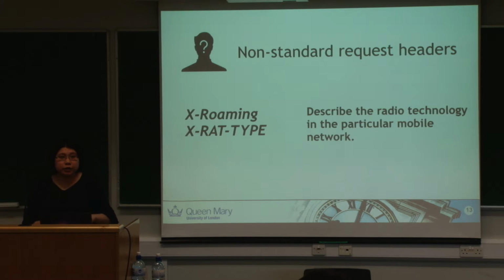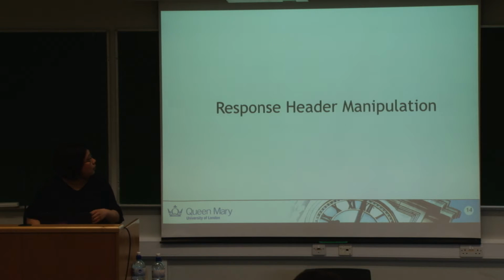So from the injected request headers, we see lots of headers related to different kinds of network functions, and the headers are injected from nearly 100 different countries. And the second part is about the response header manipulation.